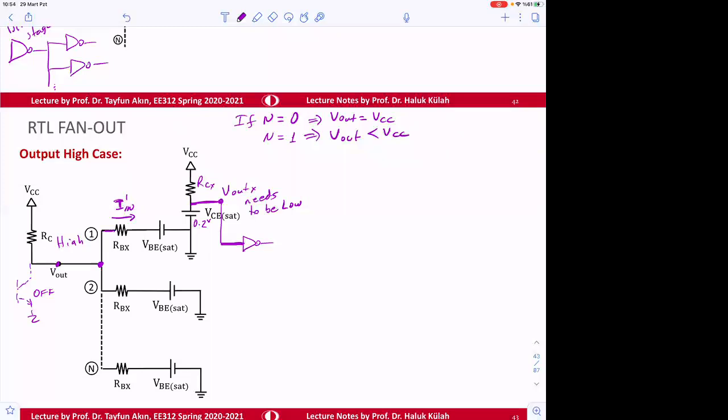How much less? When we say V out, we are talking about this V out. How much less? We don't know, but it's going to be for sure less. Maybe I should draw it this way.